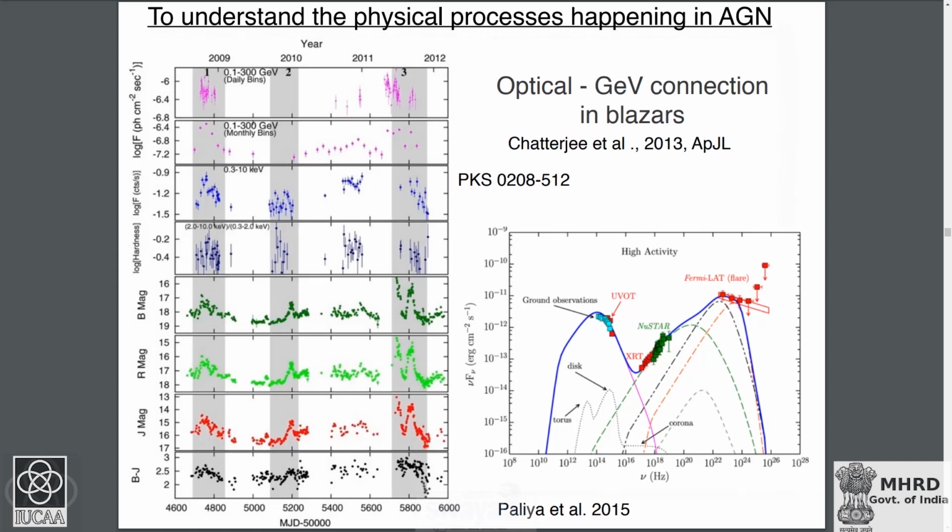Subsequently, you can see increased optical and UV radiation. Alternatively, inverse Compton is independent of magnetic field. Therefore, this will not be reflected in the high energy and you may not be able to see the increased activity in the gamma ray region. So, this is one of the possible explanations given for this kind of observation.